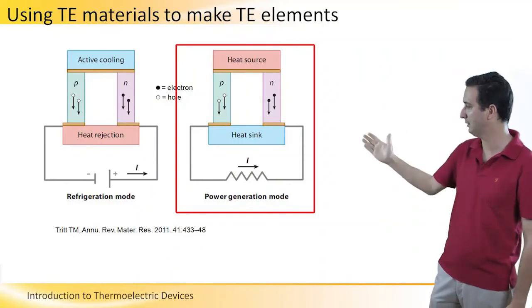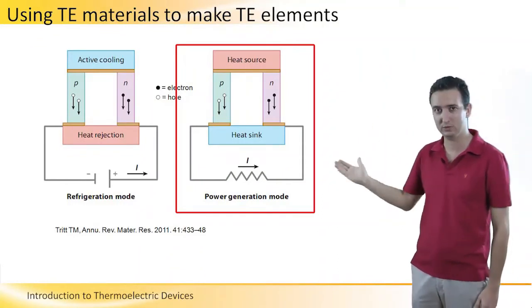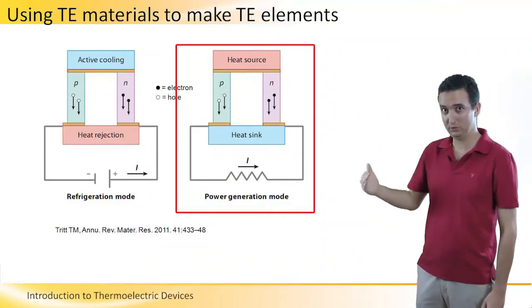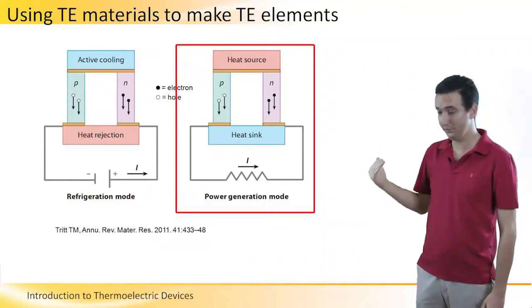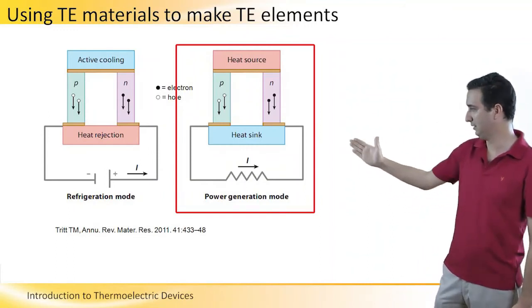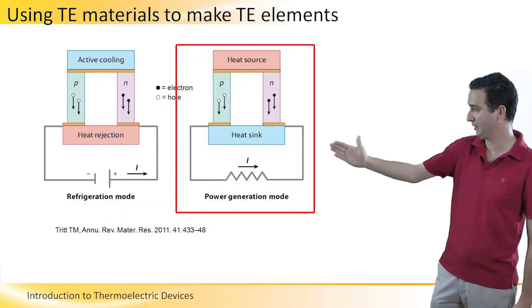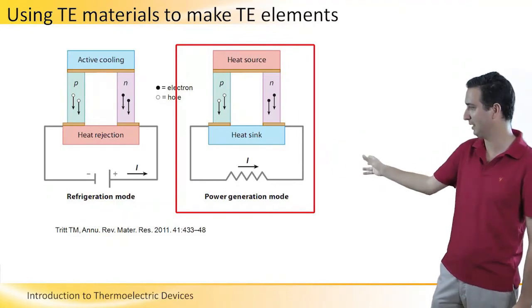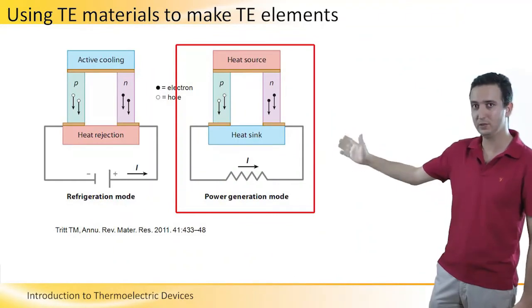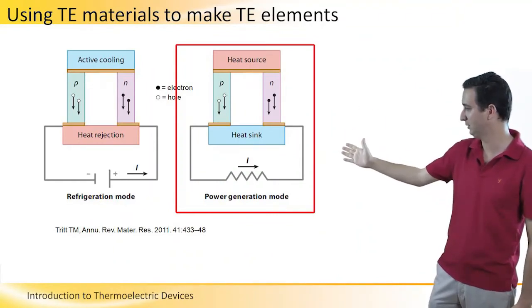The N-type semiconductor conducts electrons, and the P-type conducts holes, meaning electrons in the valence band. And so the movement of electrons in the P-type and the N-type fits. You have an electrical circuit and the current is derived.